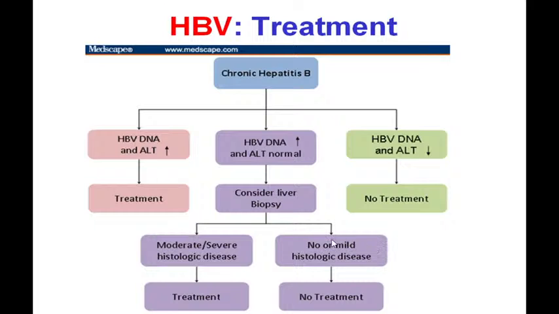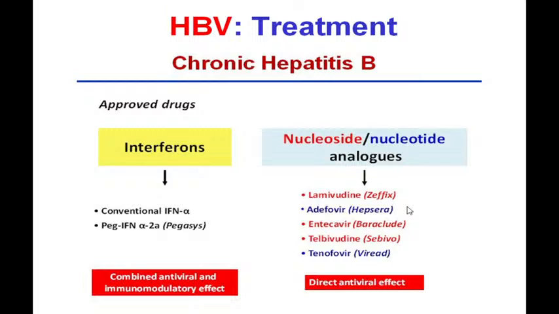But if only mild histological disease is seen, no treatment is performed. Another way: if we have a very high level of the enzyme that tells us about the process of liver damage, then we perform treatment. If the liver enzymes are very low, we won't perform treatment. But this is rather clinical, so we can go for the treatment.